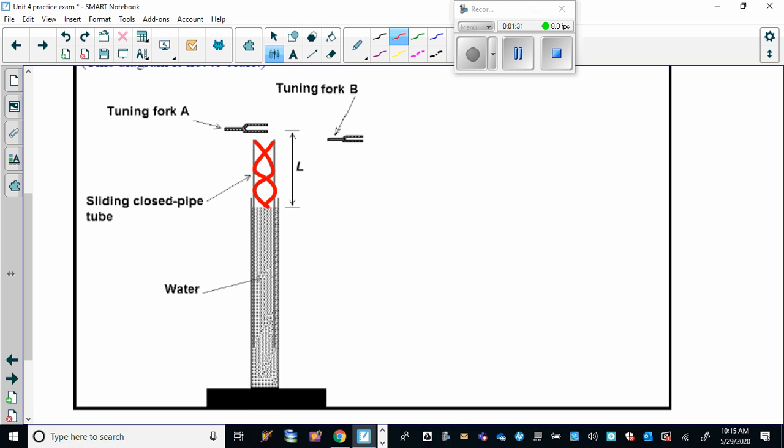So you keep moving the pipe up, and it keeps going from node to antinode. And wherever you hear the loudest sounds, that's where the antinodes are. And then you measure the length of the pipe, and you can determine the frequency of the tuning fork from that.